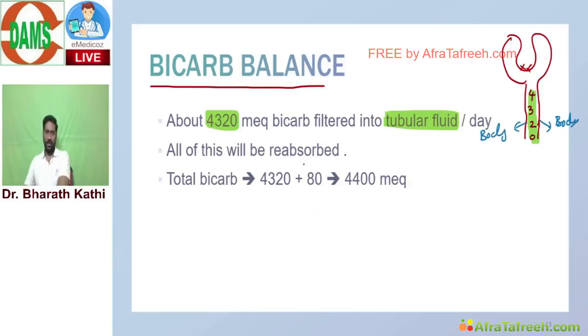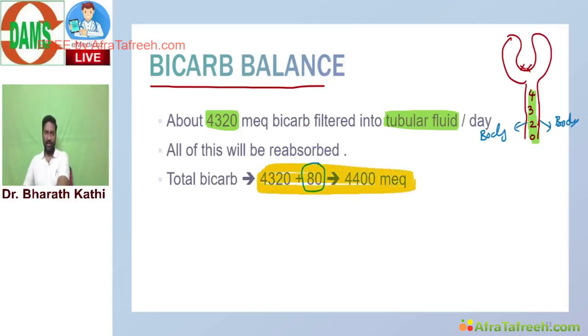Along with this, what your kidney does, it is going to regenerate 80 milliequivalents which have been consumed for fixed acid. So total bicarbonate reclaimed by your kidney ultimately will be 4400. What is this 4320? It is the reabsorbed bicarbonate.